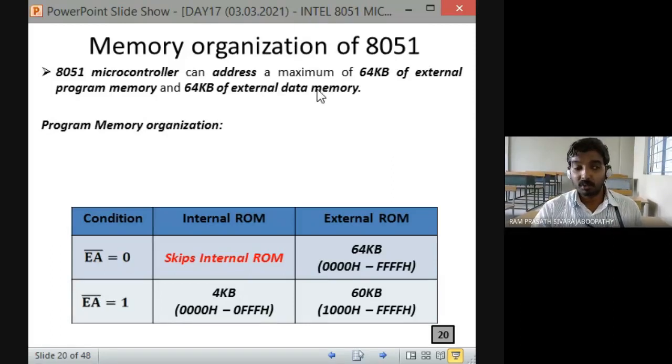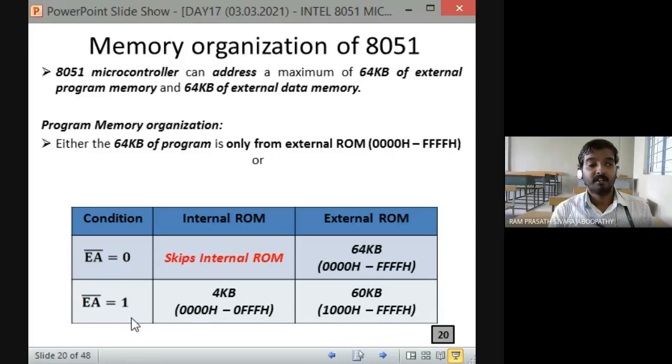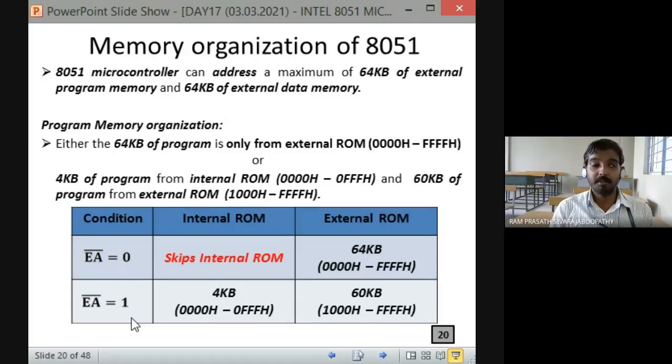Even though I say EA bar equals 1, when the program execution exceeds 4 KB, it automatically switches to external ROM. So either the 64 KB program is only from external ROM, or 4 KB from internal ROM and 60 KB from external ROM. In that way only it can be organized.